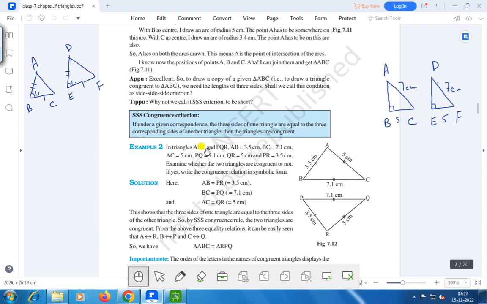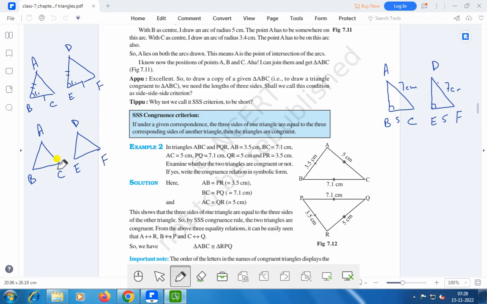The side congruence rule is that suppose this is a triangle. There is another triangle. This is ABC, A, B, C, and this is D, this is E, and this is F.